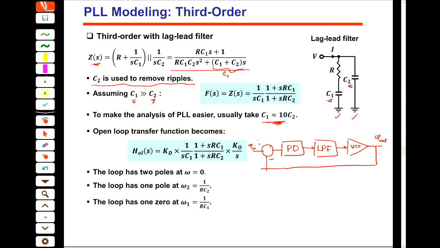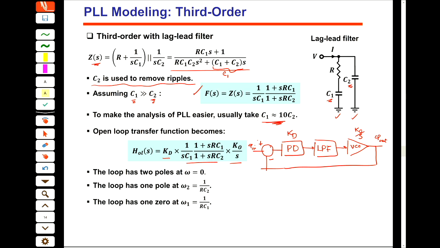This is minus, this is plus. The transfer function of the phase detector we assume is KD. The transfer function of the VCO is KO divided by S. And the transfer function of the low pass filter is this one. Then the transfer function of the open loop is just these three multiplied together.